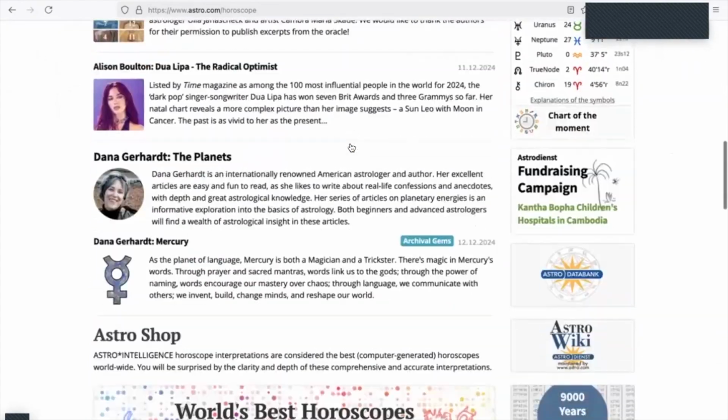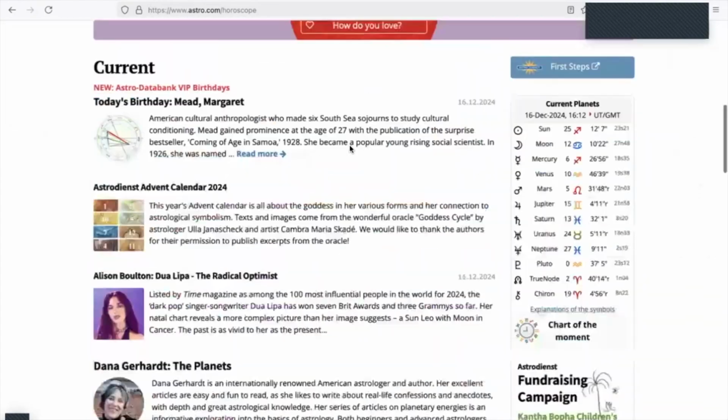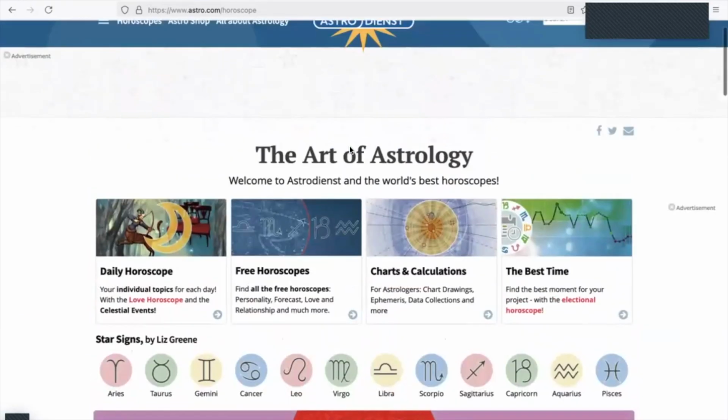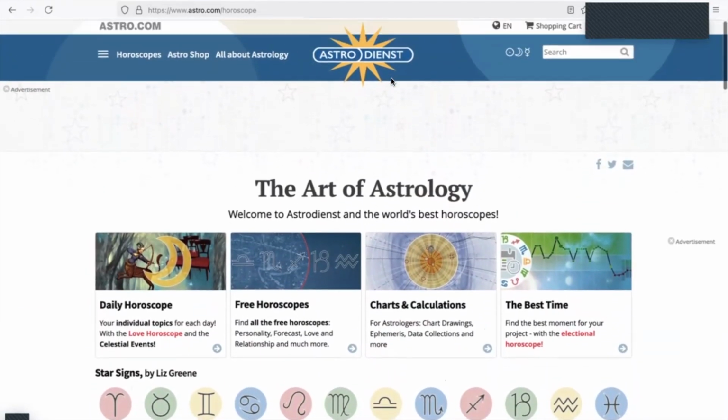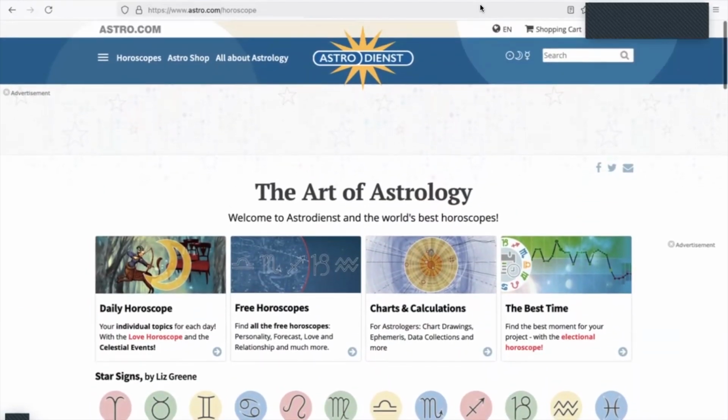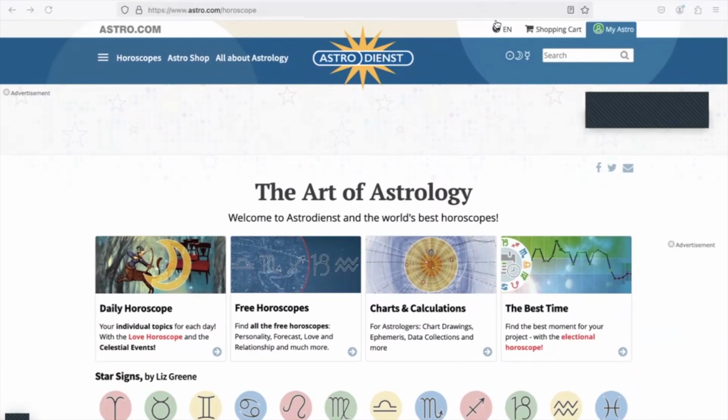And so it's going to give you a website like this. All right. You can look around if you want. But what I'm going to need you to do is right here where it says My Astro. It's going to say like, not logged in.